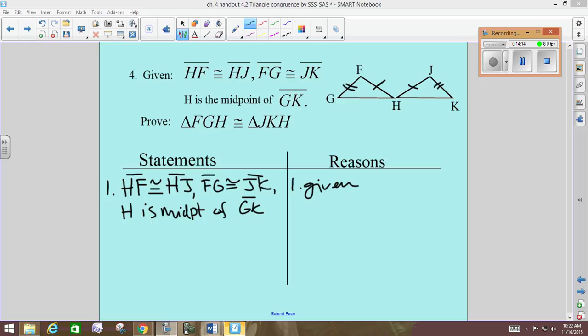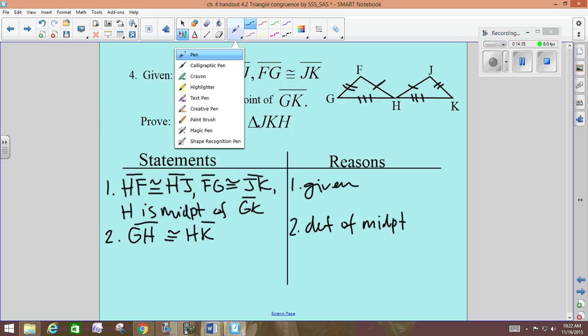If H is the midpoint of GK, then GH should be congruent to HK, which is what you need to write on your second step. GH is congruent to HK, and this would be by the definition of a midpoint. Now your picture shows side, side, side.